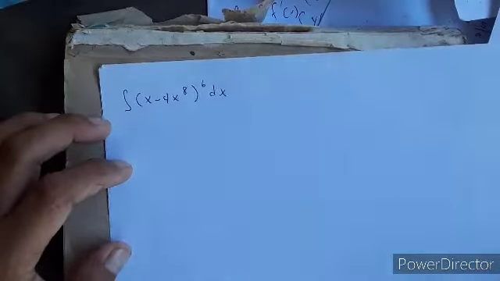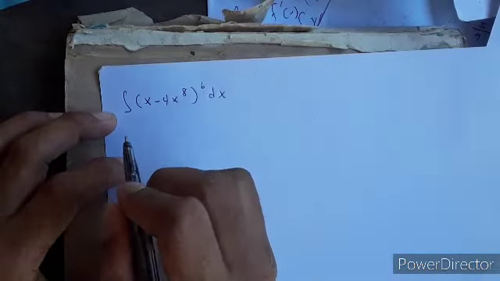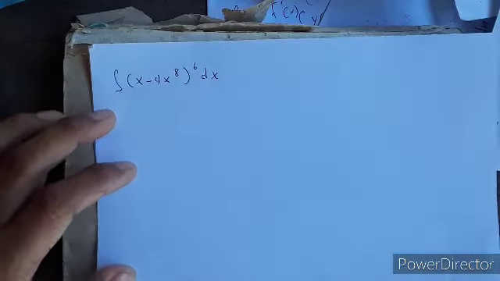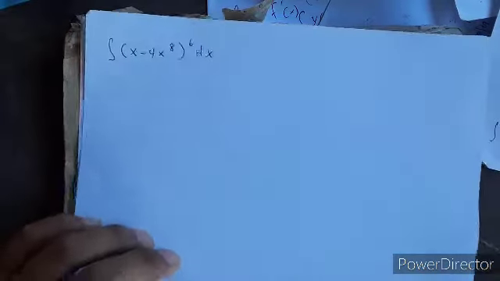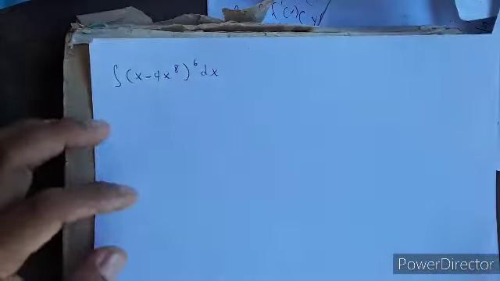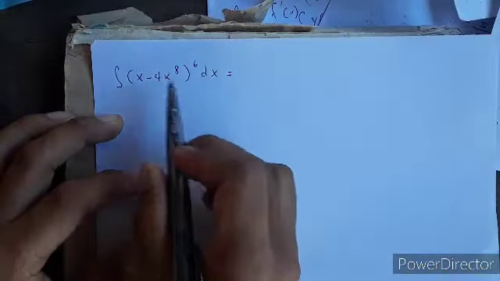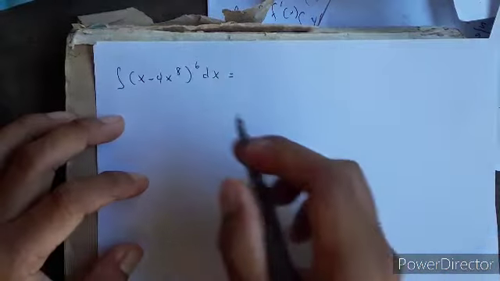And for the last example, we are asked to find the integral of x minus 4 x raised to 8, raised to the power of 6. What we're going to do here is factor out inside the function.